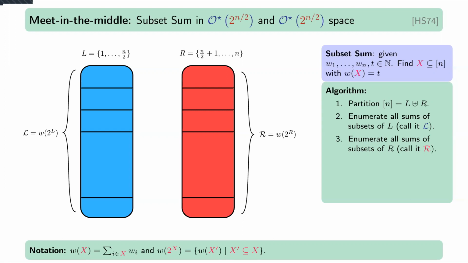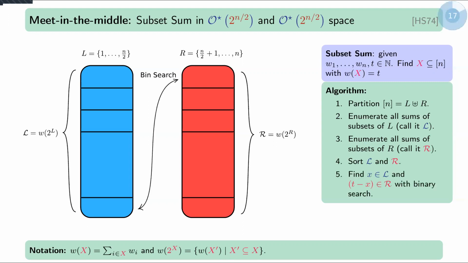Okay. And then what we do is we sort these calligraphic L and calligraphic R sets, and we can do a lot of strange things to find the set X in calligraphic L and set Y in calligraphic R that have sum equal to T. We can, for example, iterate over all numbers in calligraphic L and do a binary search to look for the number T minus that number in calligraphic R, because it is sorted.